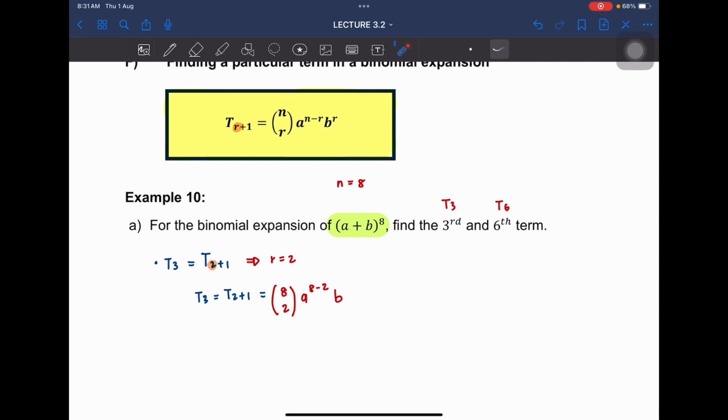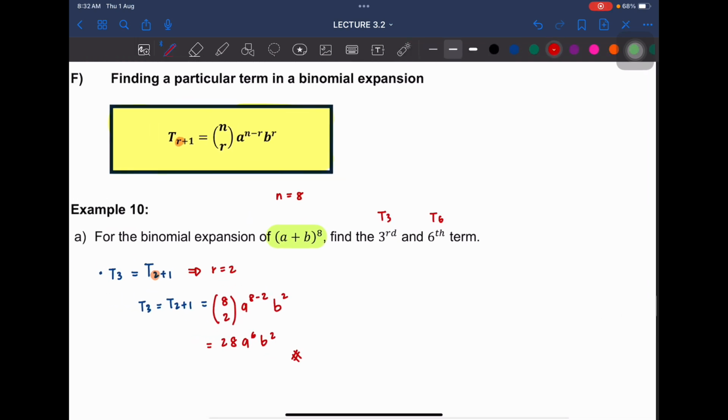Our r is 2, so b to the power of 2. So 8 choose 2, you can just press your calculator. You're going to get 28 if I'm not mistaken. And then a to the power of 6 and b to the power of 2. Settled. So this is your third term.